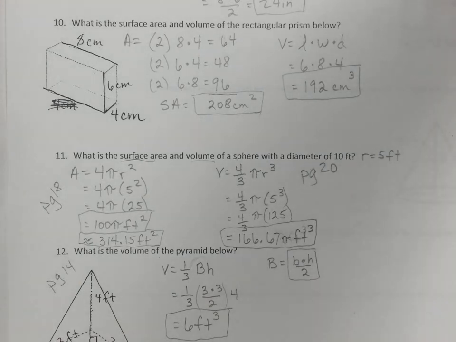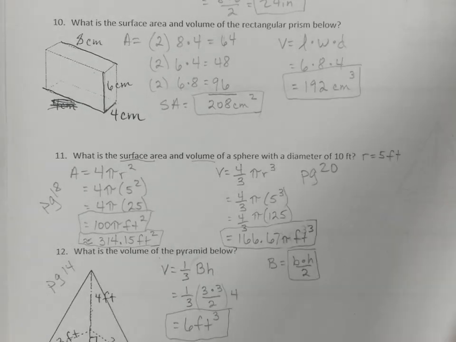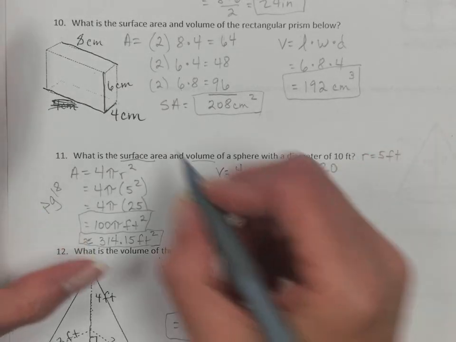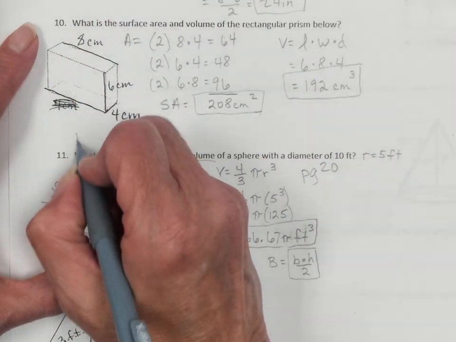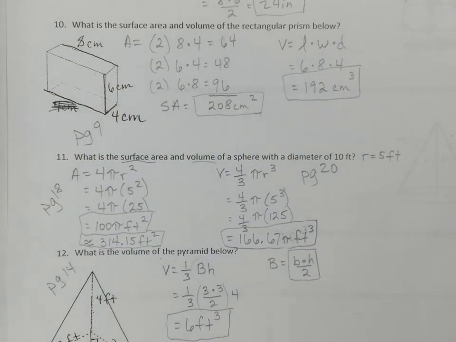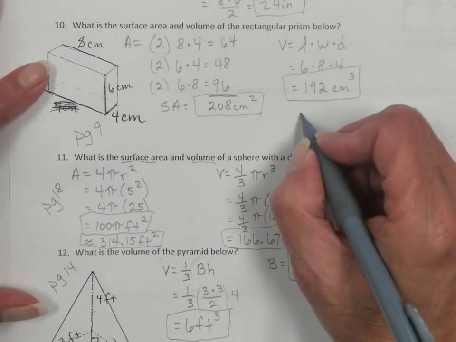Let me look those up real quick so I can get you a little more specific page numbers in case you get lost. Surface area of cubes, that was page 9. Okay. And then the volume of rectangular prisms and cubes is on page 11.